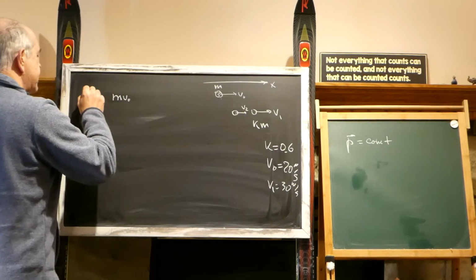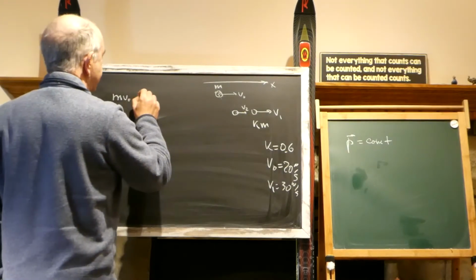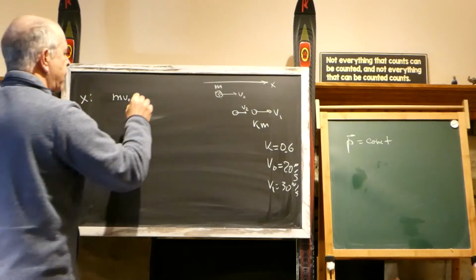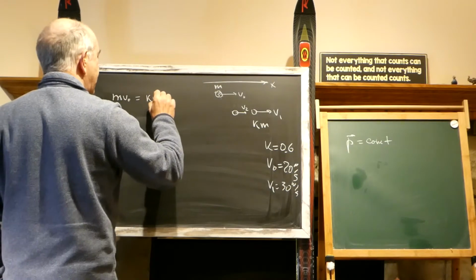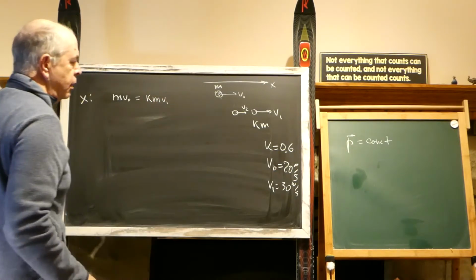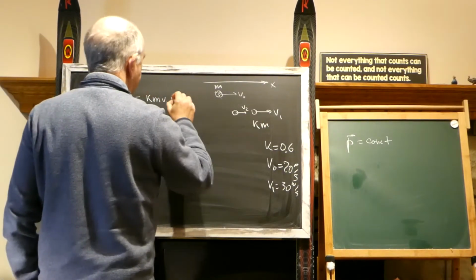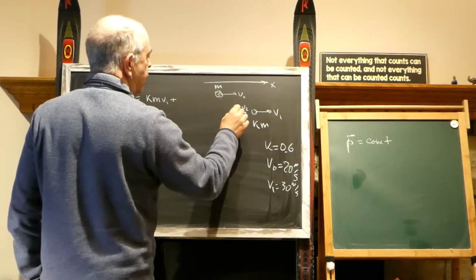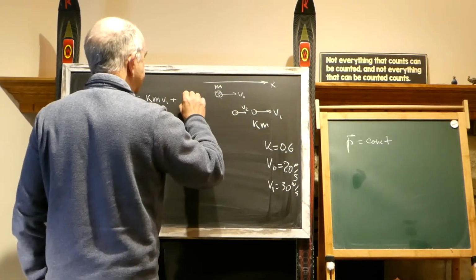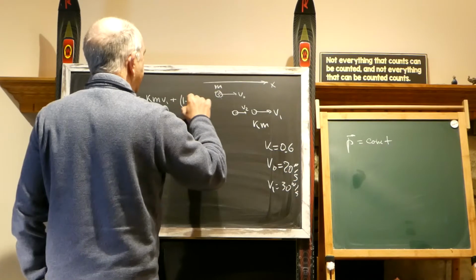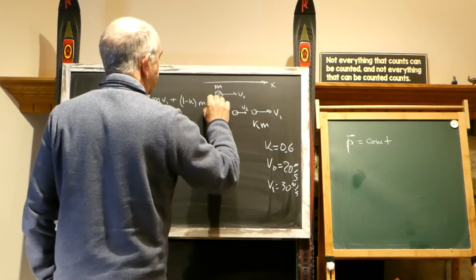So everything happens along the x-axis, and this is initial, and we have to say that this is kmv1. This is the momentum of this particle, and this is the momentum of this particle, and this is 1 minus k multiplied by m and v2.